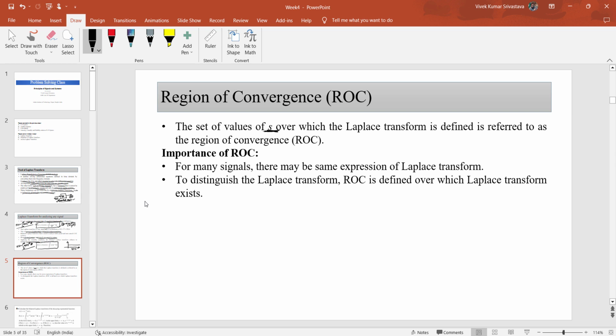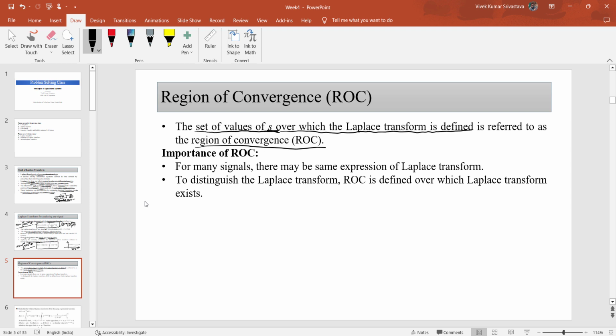It is the set of values over which the Laplace transform is defined. Only for that particular set of values of s is the Laplace transform defined. That's how we can differentiate the Laplace transform of two different signals.